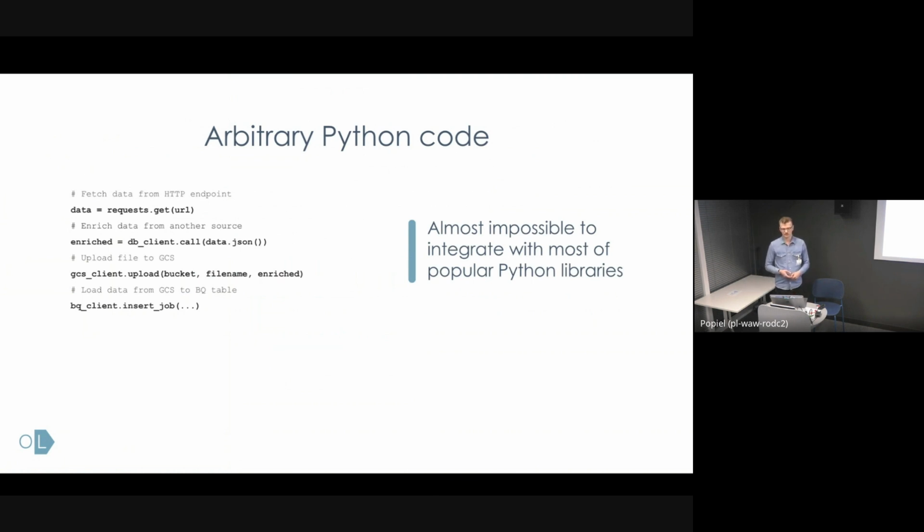And if we want to integrate OpenLineage with all of these libraries, it's basically impossible for us. We cannot analyze the code and say, hey, it's doing something, moving data from place A to place B. We cannot patch every library and keep it up to date. It's just impossible for us.